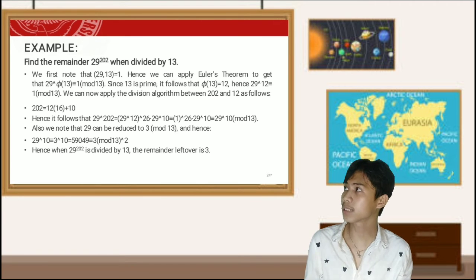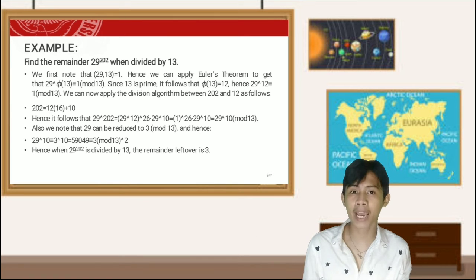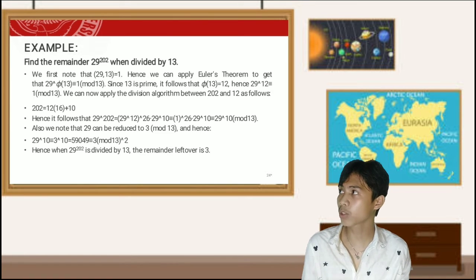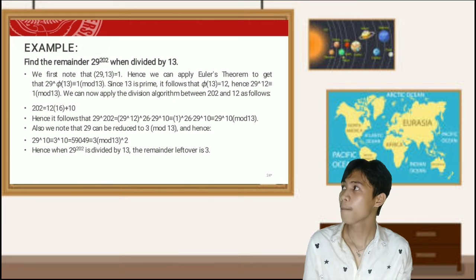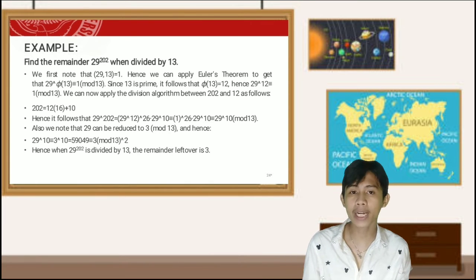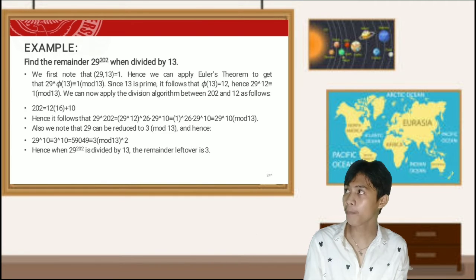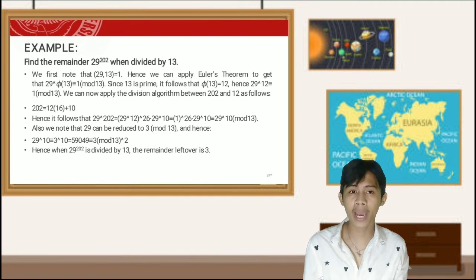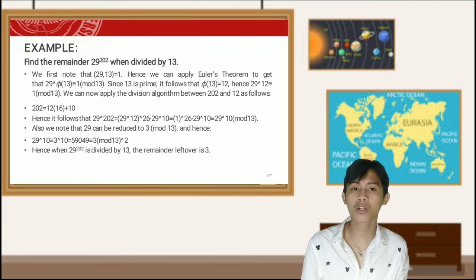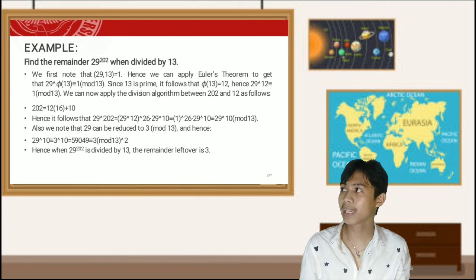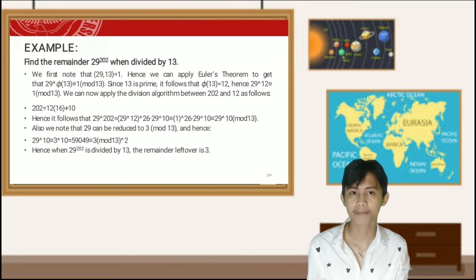Also, we note that 29 can be reduced to 3 mod 13, and hence 29 to the power of 10 is congruent to 3 to the power of 10, which is equal to 59,049, which is congruent to 3 mod 13. Hence, when 29 to the power of 202 is divided by 13, the remainder left over is 3.